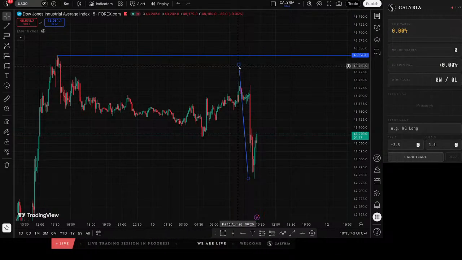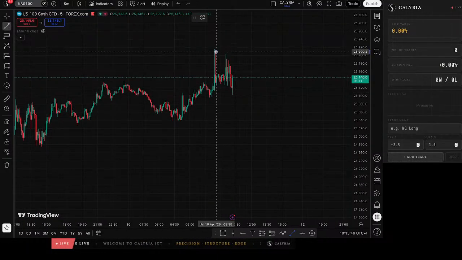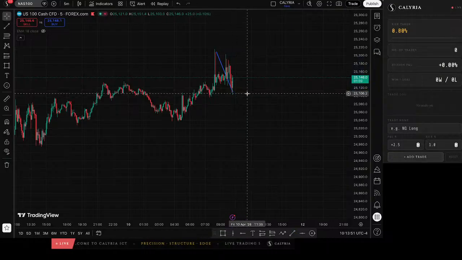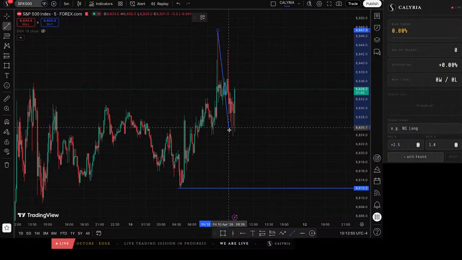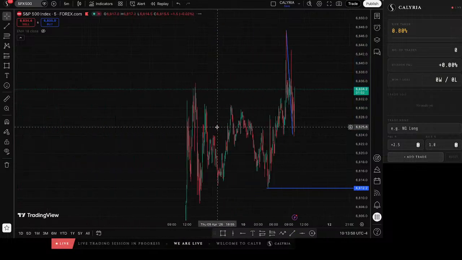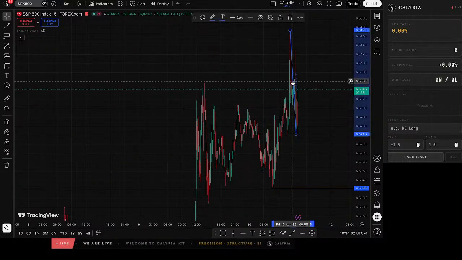Imagine that now I will try to compare it to the moment I didn't talk about this. Okay, neither did I talk about this. By the way, it just swept the liquidity here, so it's not this at all.